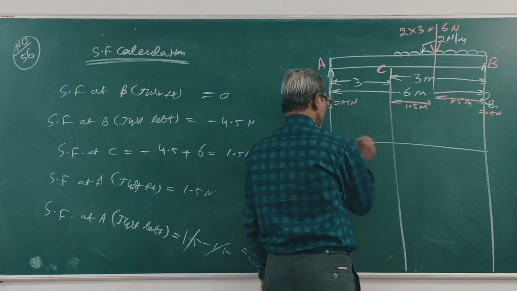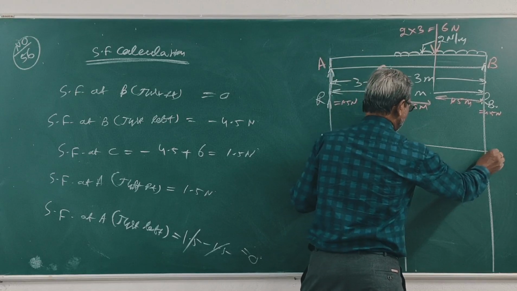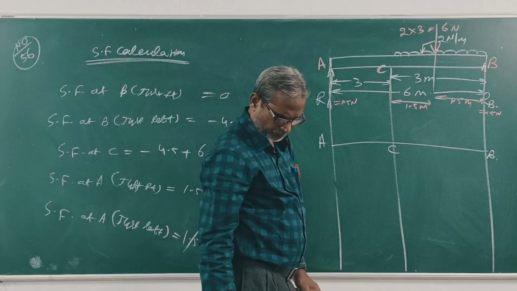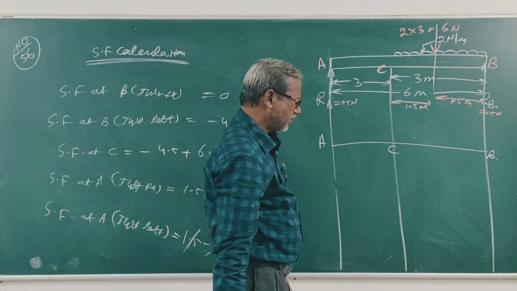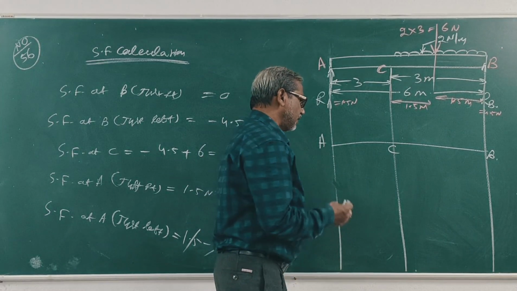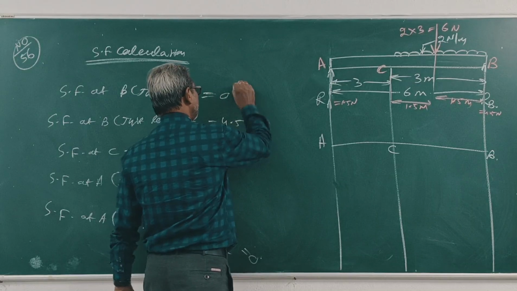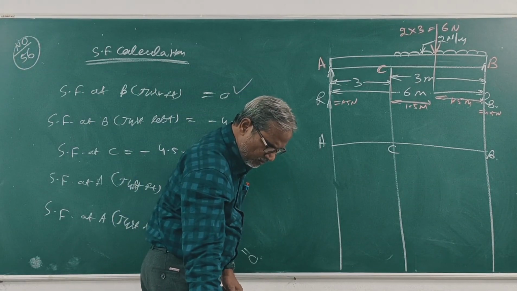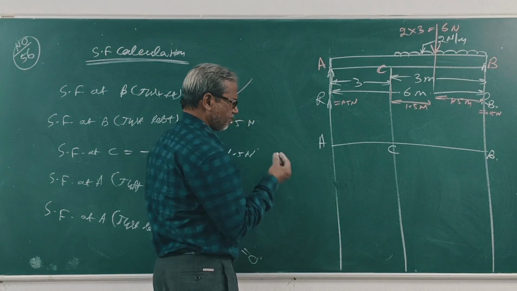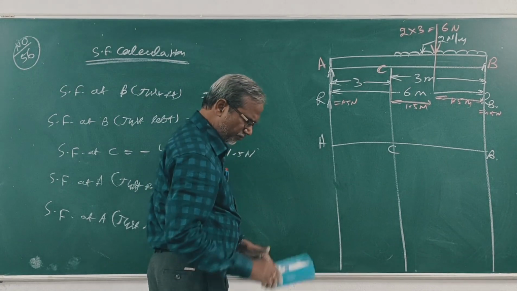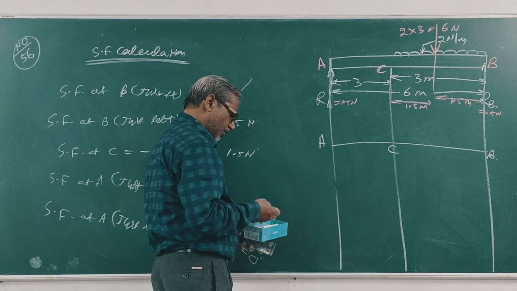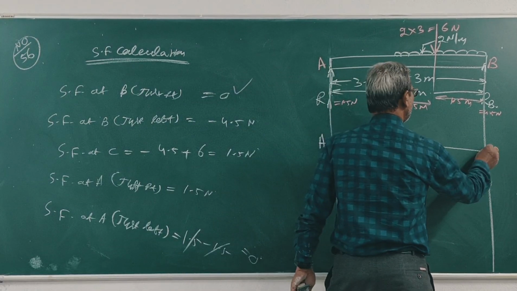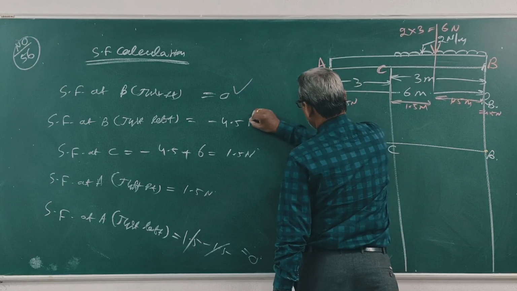A, C, B. At B just right, 0. B just left, minus 4.5.